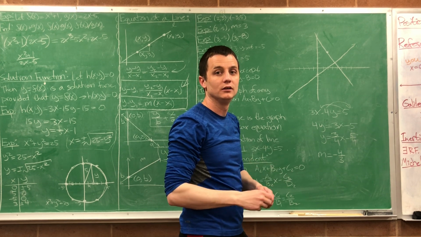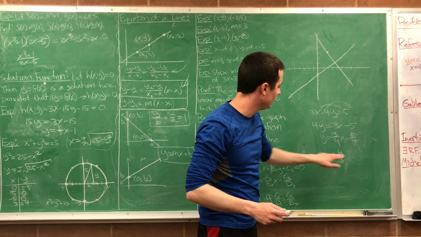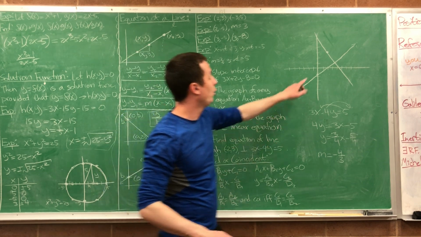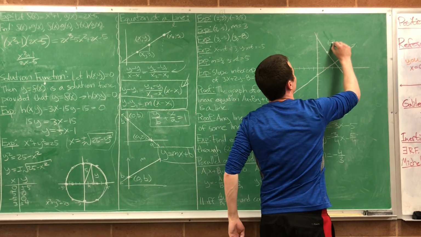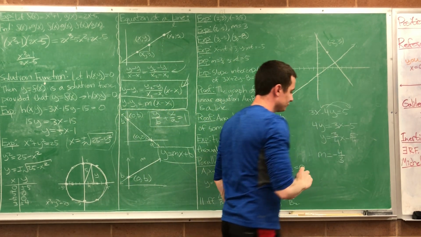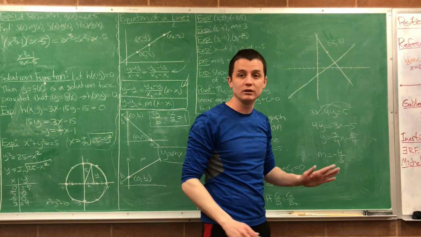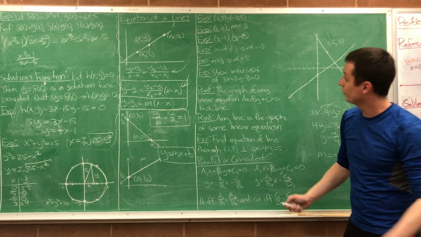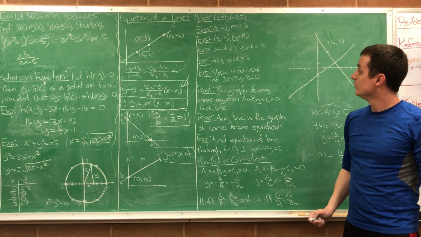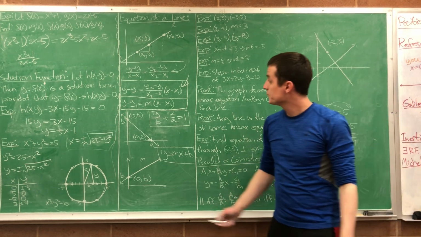Okay? So we know that our slope is -4/3, and we know a point that we go through is (-2, 3). So we know our slope, we know a point, we can use our point-slope form, which is this one.